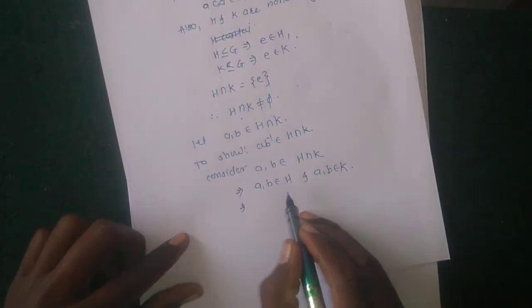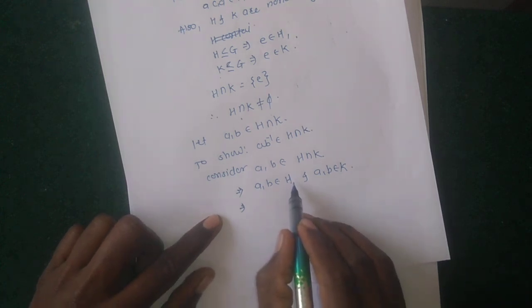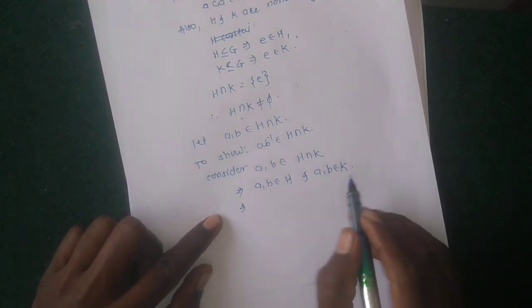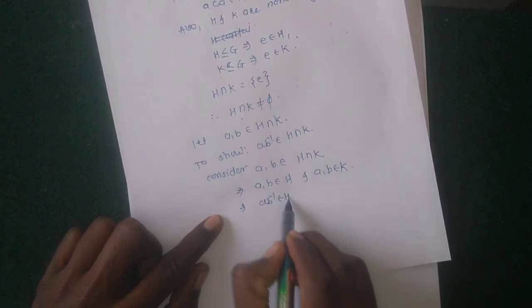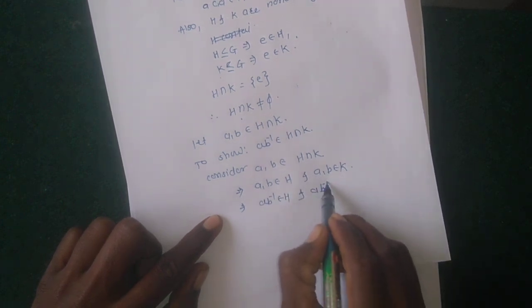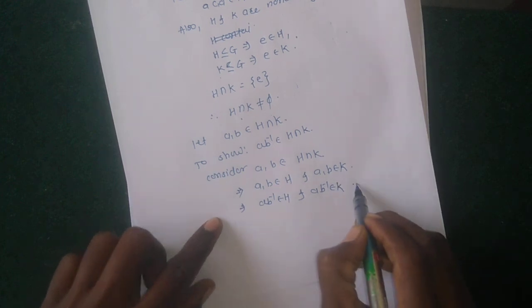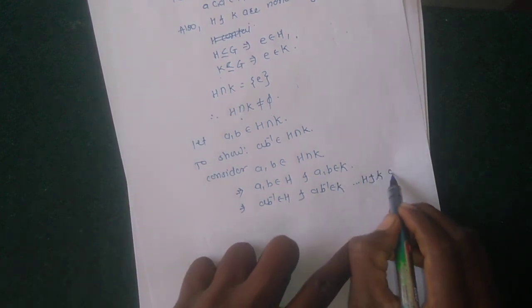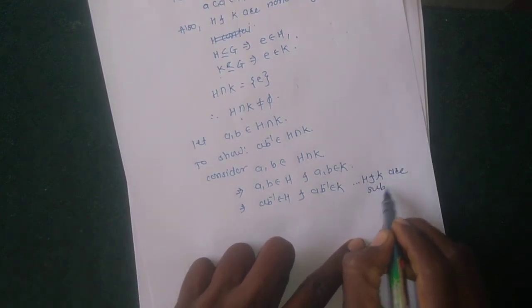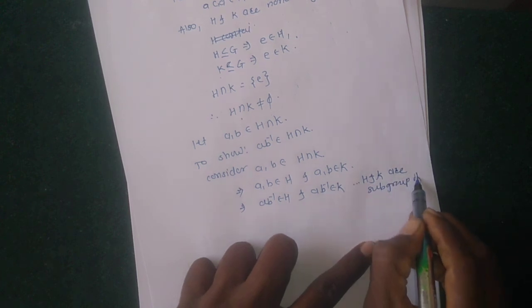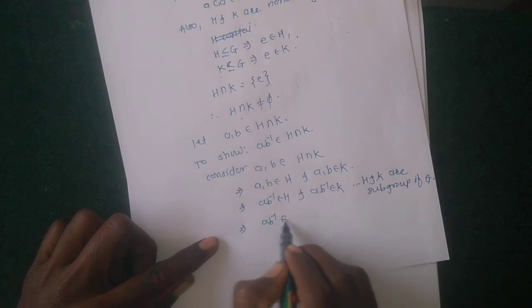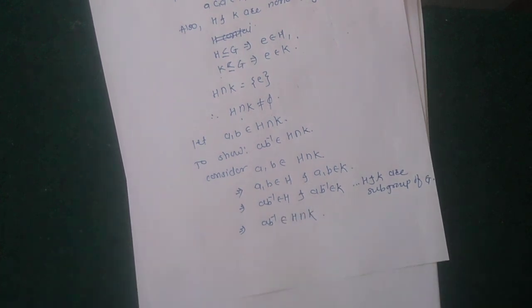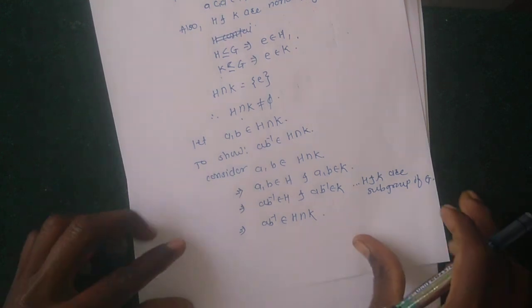Which implies that a, b belong to H and H is a subgroup, a, b belong to K and K is also a subgroup, which implies that a b inverse belongs to H and a b inverse also belongs to K, because H and K are subgroups of G. So a b inverse also belongs to their intersection.